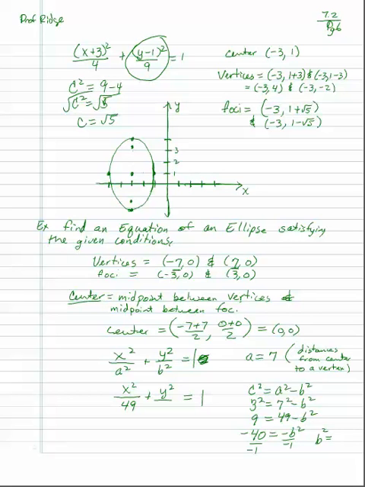So B squared equals 40, B is square root of 40, but the number that I'm going to put here is B squared, which is 40. So I don't need to square root it and then square it again. Just wasting my time. But if you want to, you can go ahead. So there's your answer: x squared over 49 plus y squared over 40 equals 1.